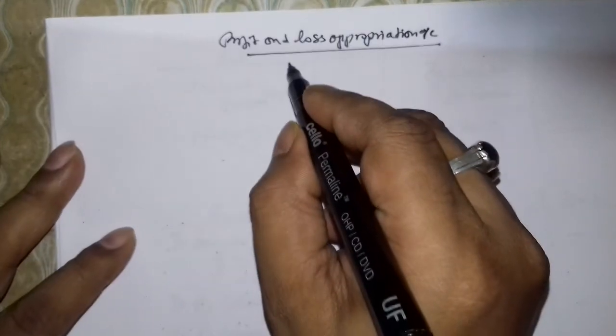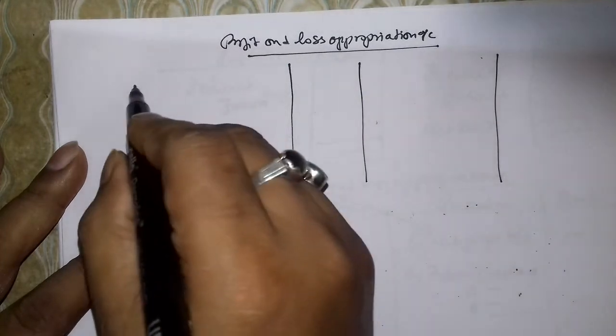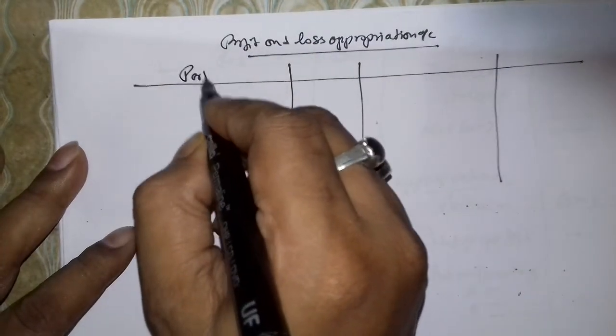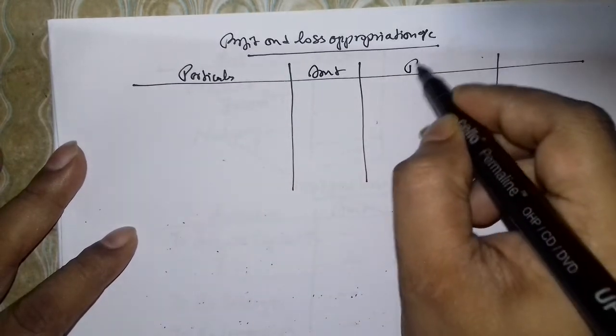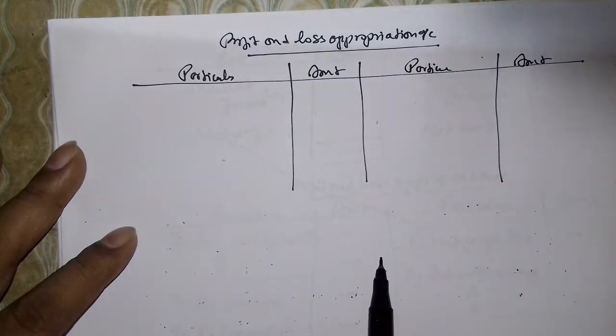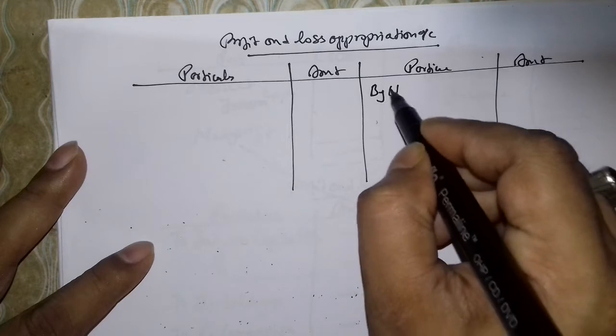So the format is this T-shaped format, that is particulars, amount, particulars, amount.